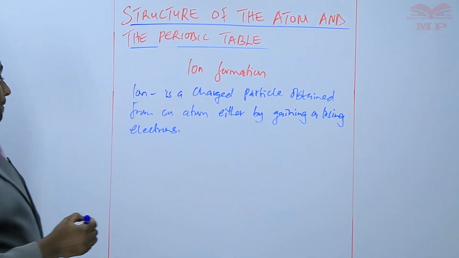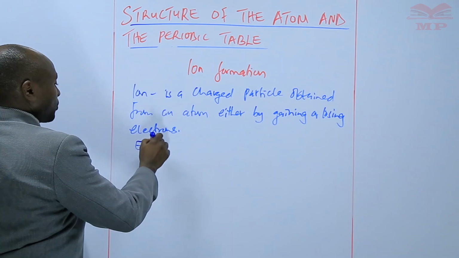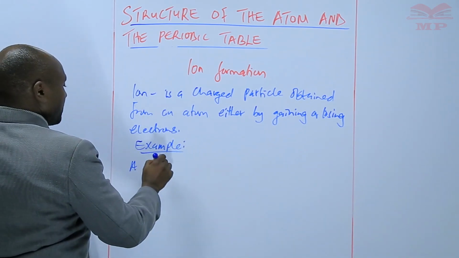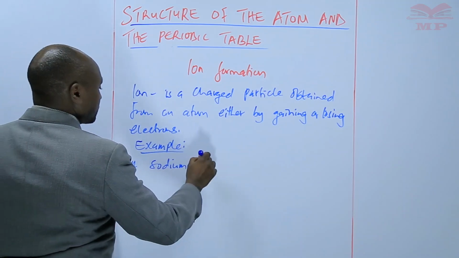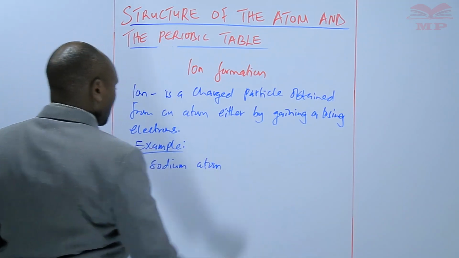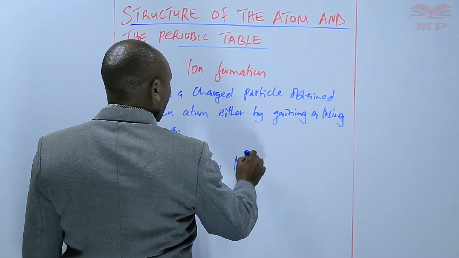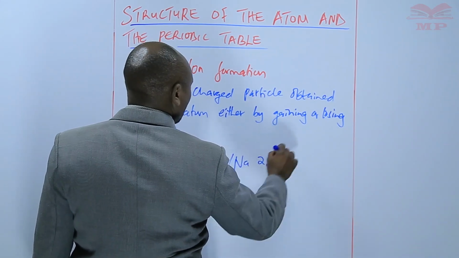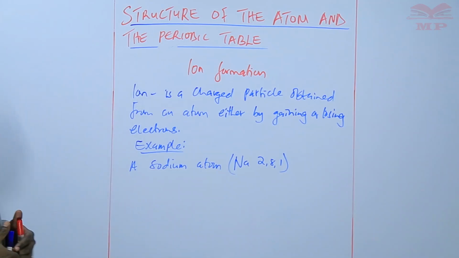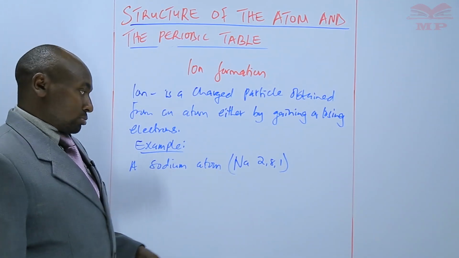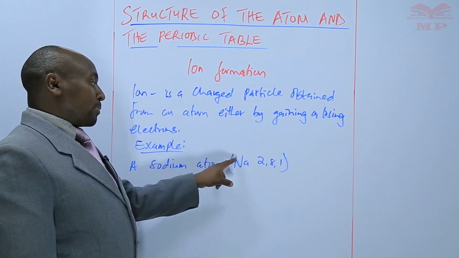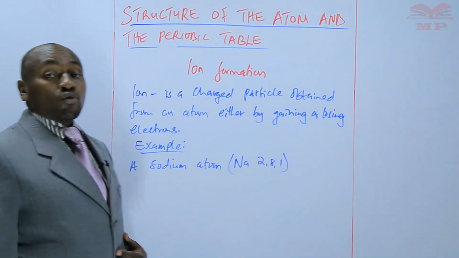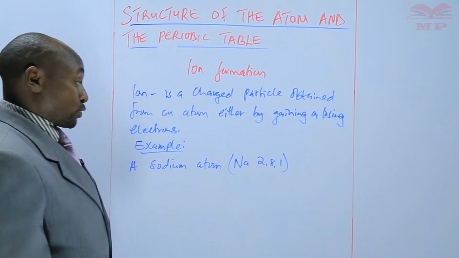So for example, if you take an atom like sodium, a sodium atom that is Na 2,8,1, that is the electron arrangement, we can say that that atom is unstable. It's unstable because not all the energy levels are fully occupied by electrons.